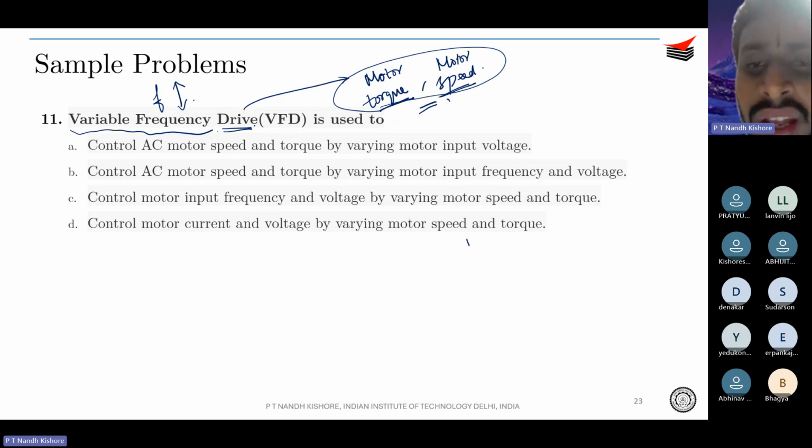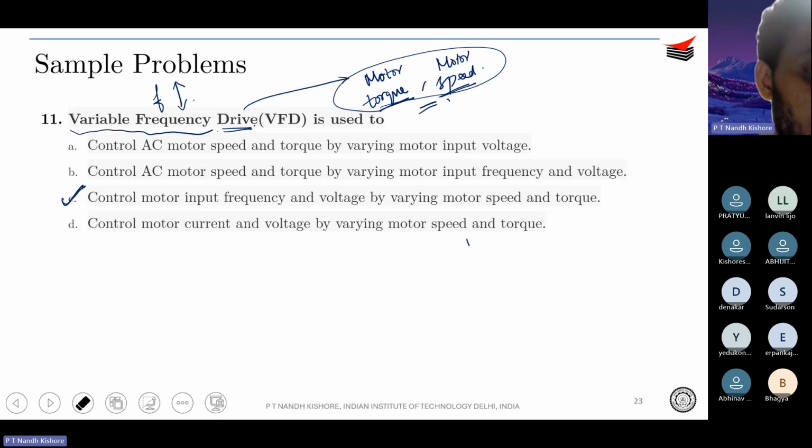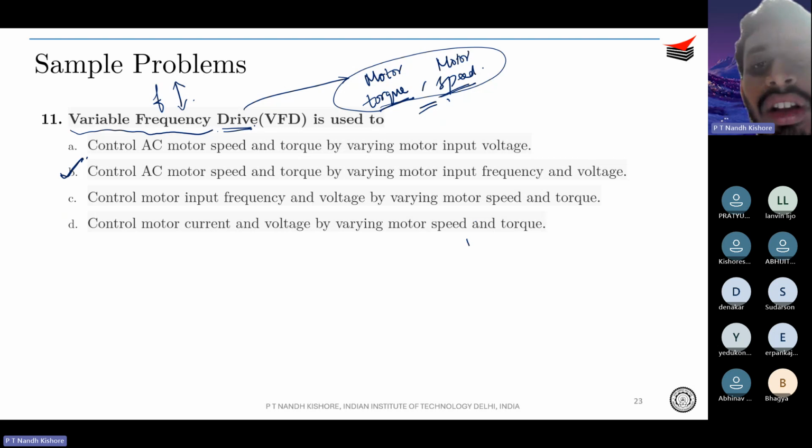So from the options, I think you can guess that you control the motor speed and torque by varying the motor input frequency and voltage. So you are controlling the motor torque and motor speed by controlling the motor input frequency and voltage.